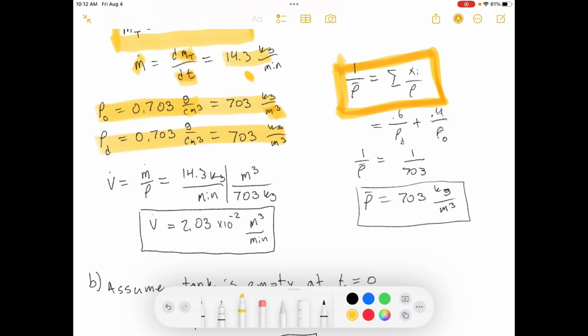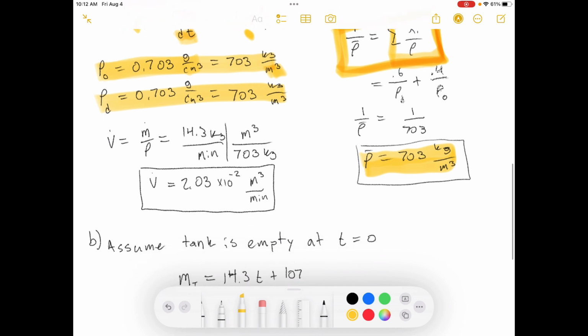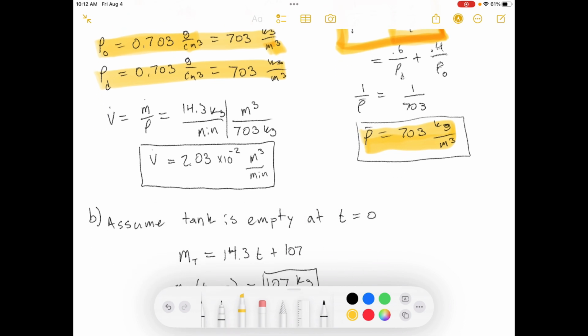If they behave ideally, then when you combine them, they will have basically the same volume, which is pretty much true for this solution because the molecules are nearly identical. So now we've got our mass flow rate and our solution density, so we calculate our solution volume. This is our volumetric flow rate.